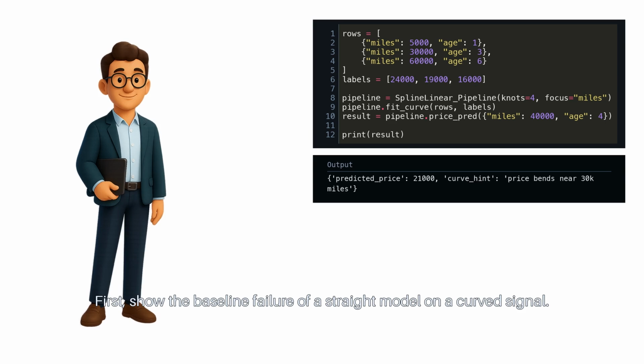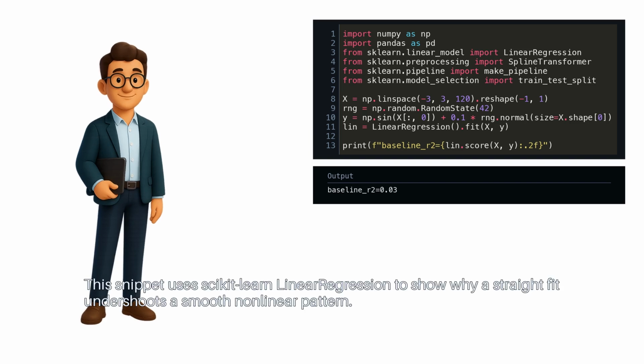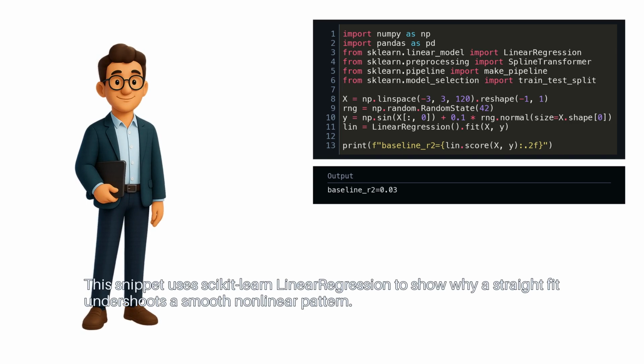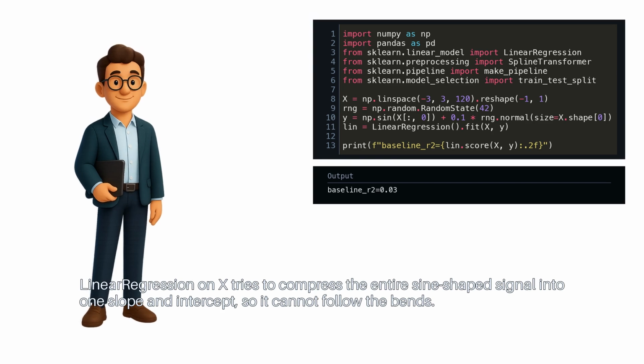First, show the baseline failure of a straight model on a curved signal. This snippet uses scikit-learn linear regression to show why a straight fit undershoots a smooth nonlinear pattern. Linear regression on X tries to compress the entire sine-shaped signal into one slope and intercept, so it cannot follow the bends.